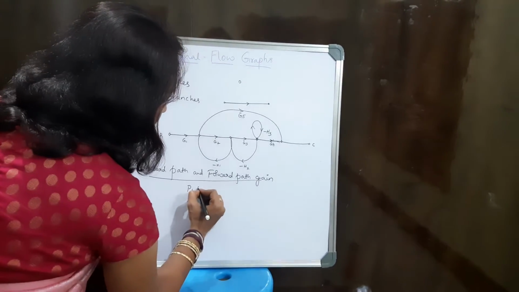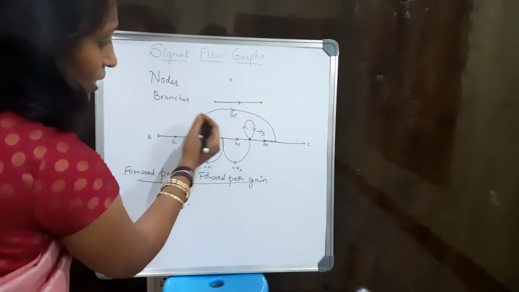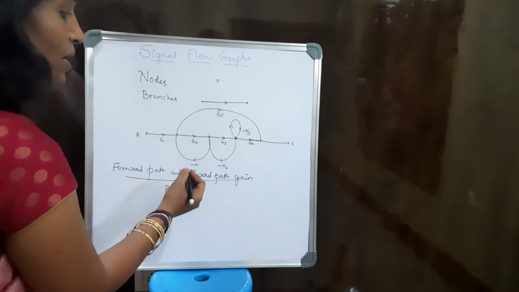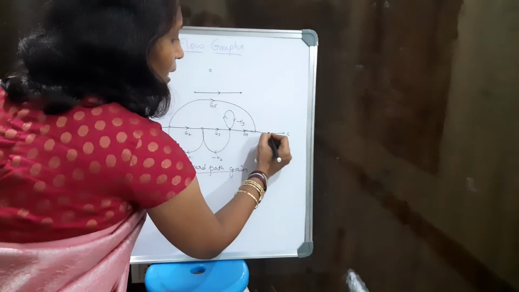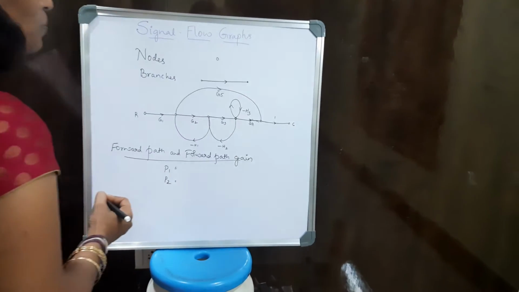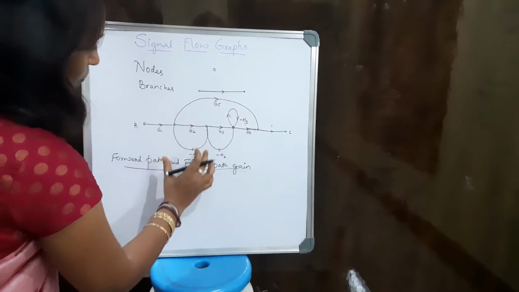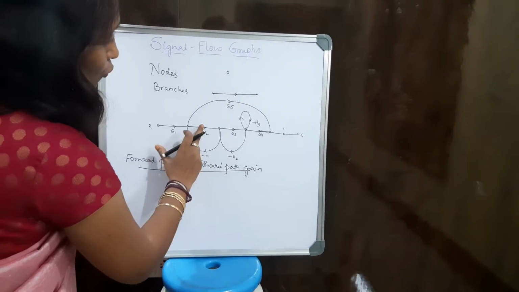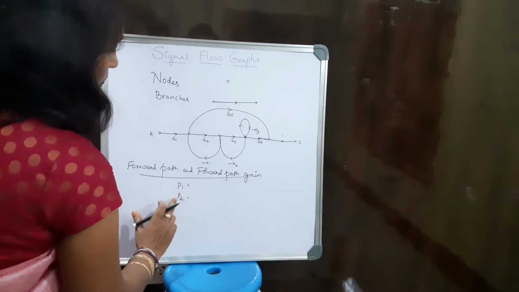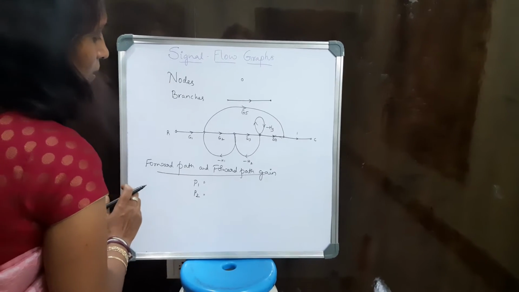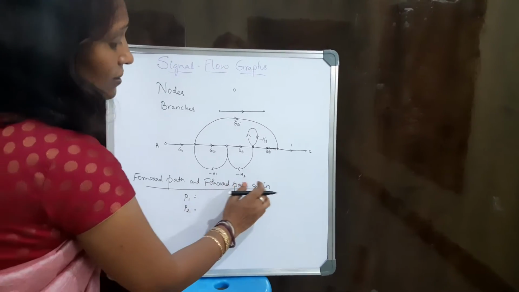When a gain is not given, I can just assume it to be 1. So for this given system, there are two forward paths, P1 and P2, called forward paths. Now, what is forward path gain?